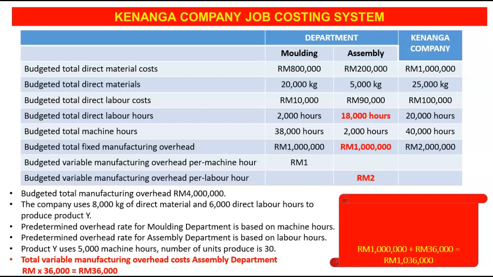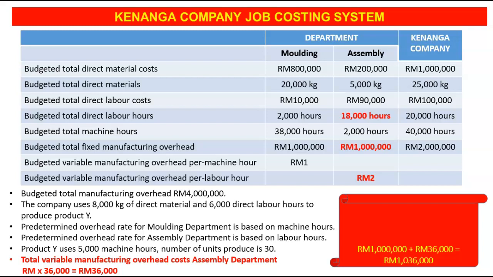The next part is to calculate the budgeted manufacturing overhead cost for the assembly department. So, variable manufacturing cost for the assembly department is RM1 times 36,000 hours, you get RM36,000.